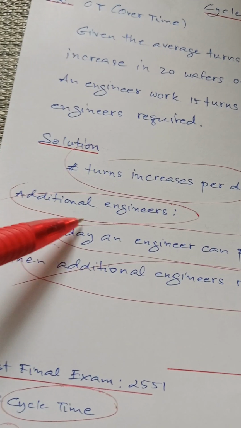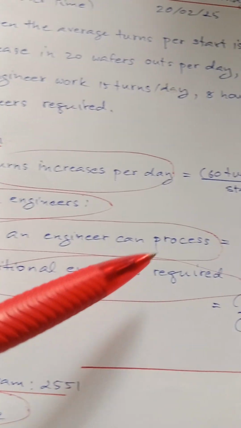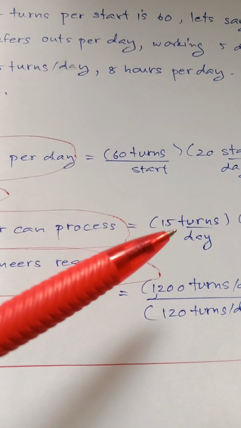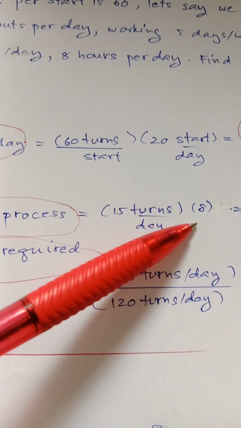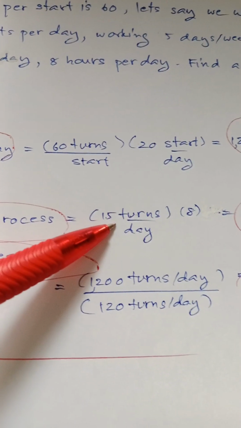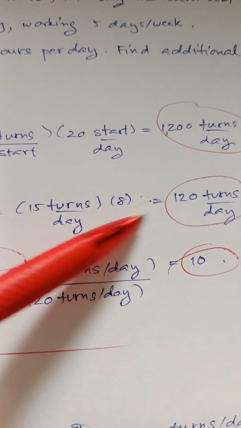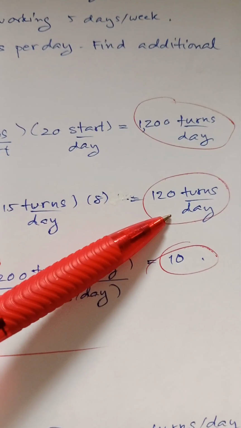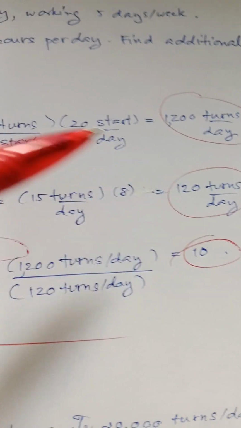Now you're looking for additional engineers. In one day an engineer can process 15 turns per day, or 15 processes per day, and they work 8 hours per day. So in one day they can make 15 multiplied by 8, which gives you 120 turns per day.